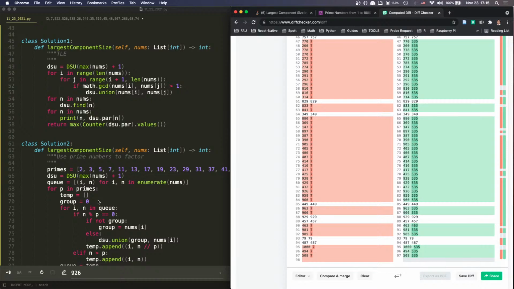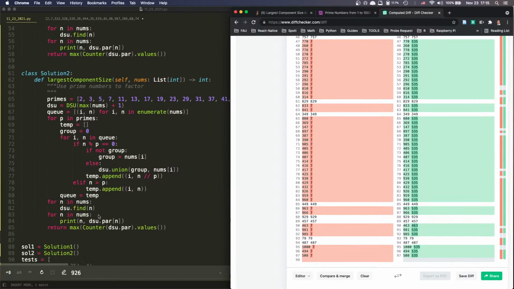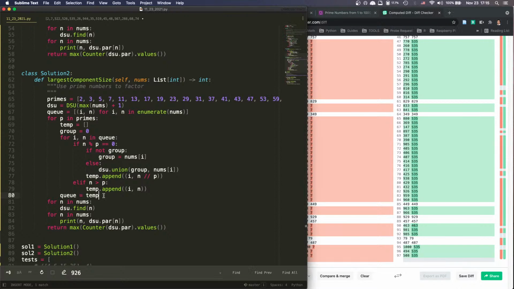There is still the possibility that within these prime numbers, something might be the same. So what do we do? Well, we are just going to sort the queue based on this value.